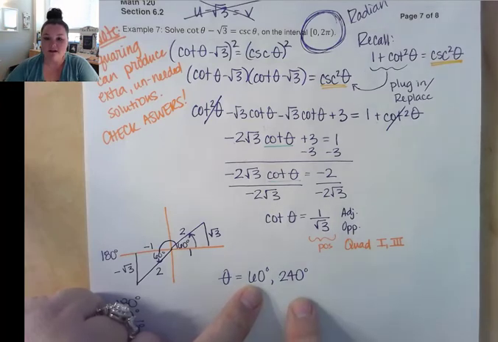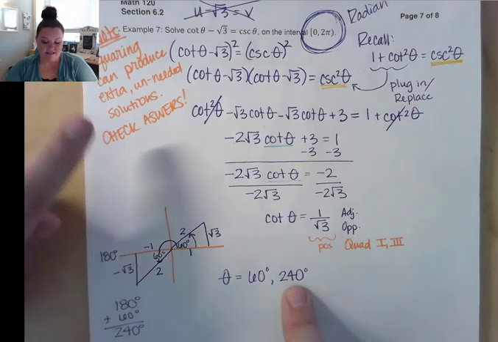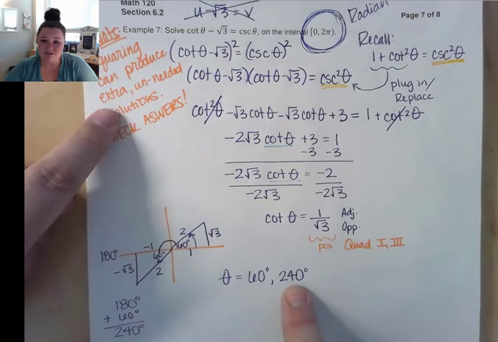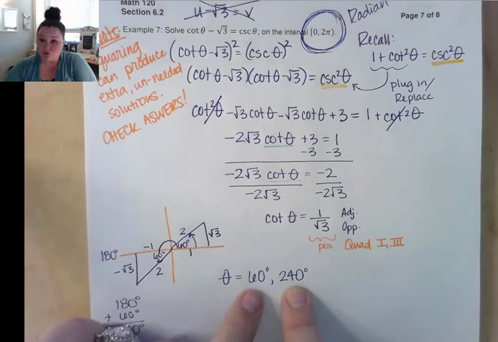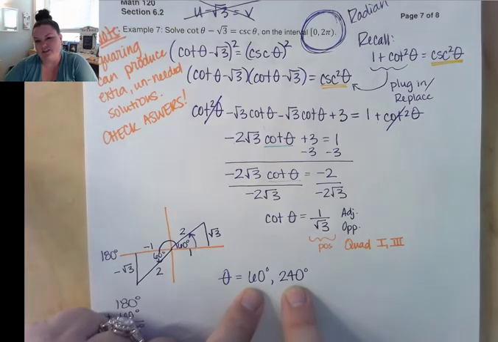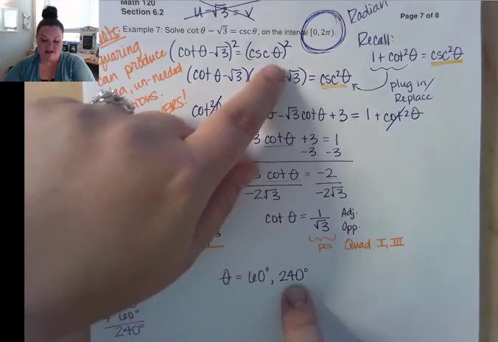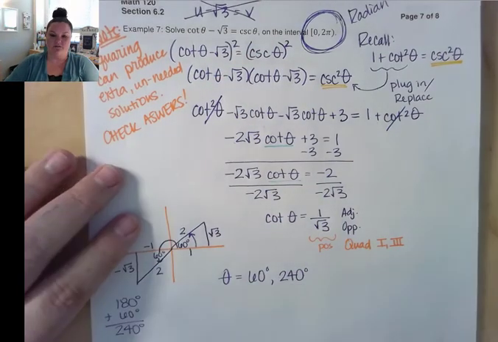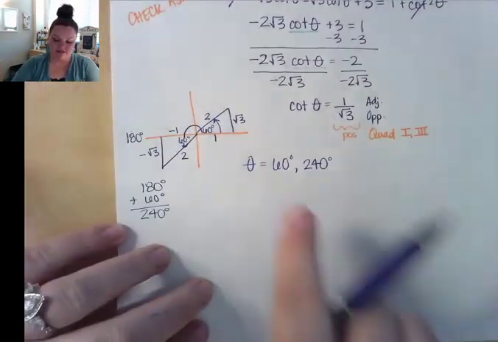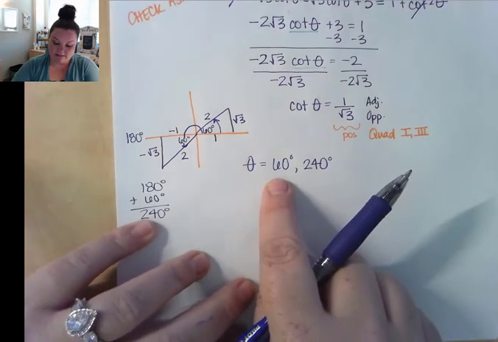So that's one thing. The other thing is I need to make sure I check my answers, right? When I check my answers, it will let me know if these are true answers or if these are just extra answers I got because I squared both sides of the equation. Okay. All right. So first, let's go ahead and change them into radians.